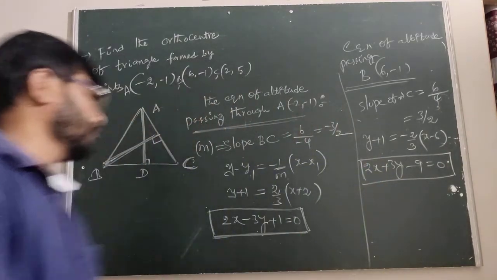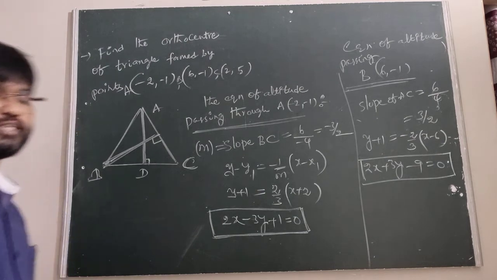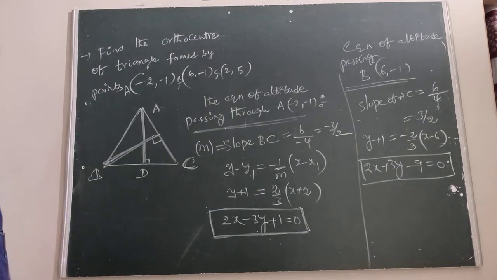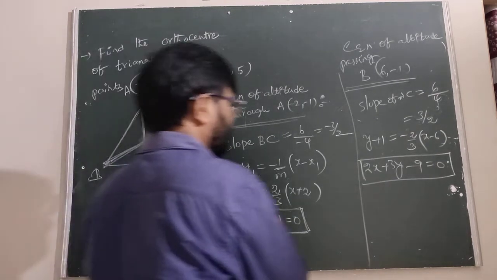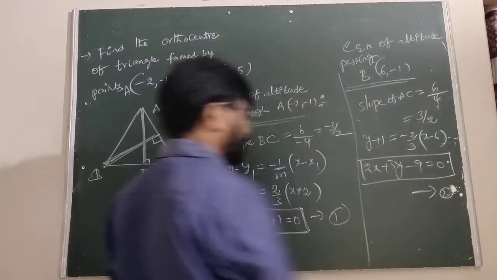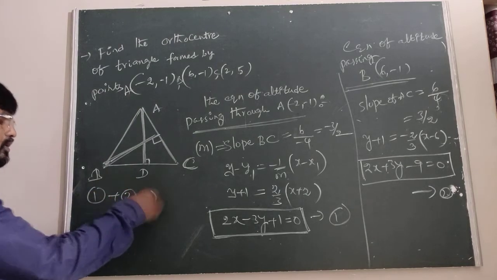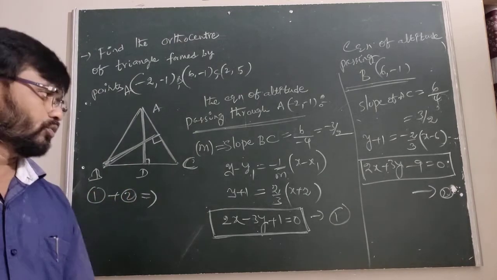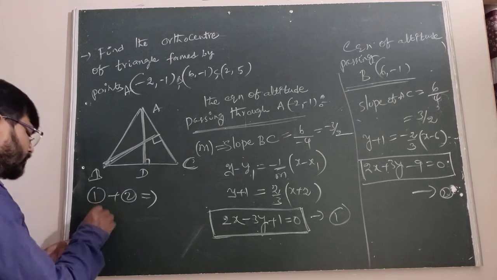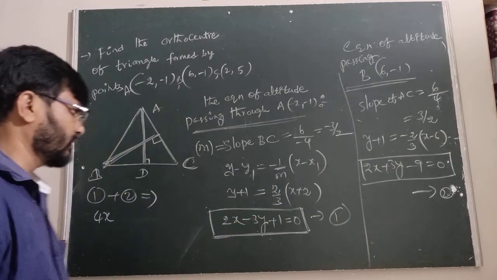Now solving this. How to solve this one? Either cross multiplication method, elimination method, or substitution method. In this case, minus 3y is there and plus 3y is there. This is equation 1, this is equation 2. Taking 1 plus 2, 2x plus 2x is 4x, the plus 3y and minus 3y cancel.